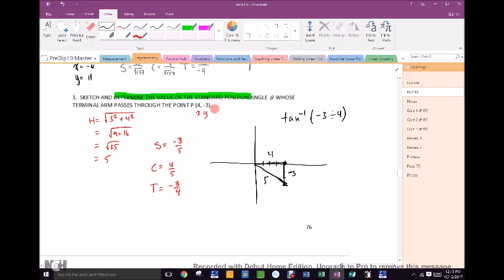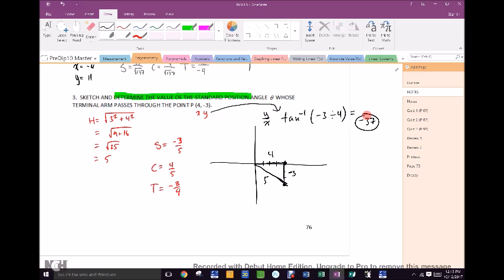No, because tan is also y over x, isn't it? When you do that with your calculator, what value do you get? -37. Now we have to talk about whether or not we need to draw it, right?